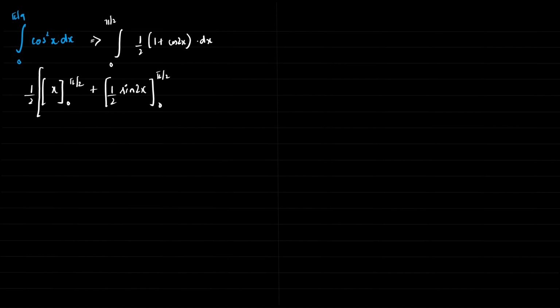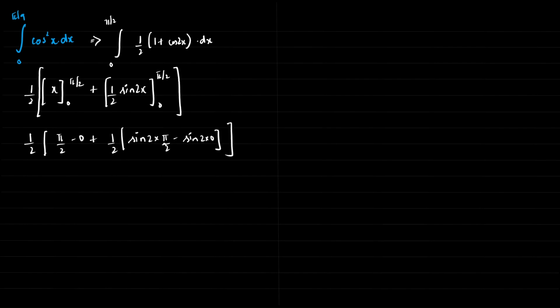I hope this is clear. We can just integrate them separately, and we can get our answer. So half multiplied by pi over 2 minus 0 when I substitute, plus half, and now I have to substitute the value of sine 2 multiplied by pi over 2 minus sine 2 multiplied by 0.